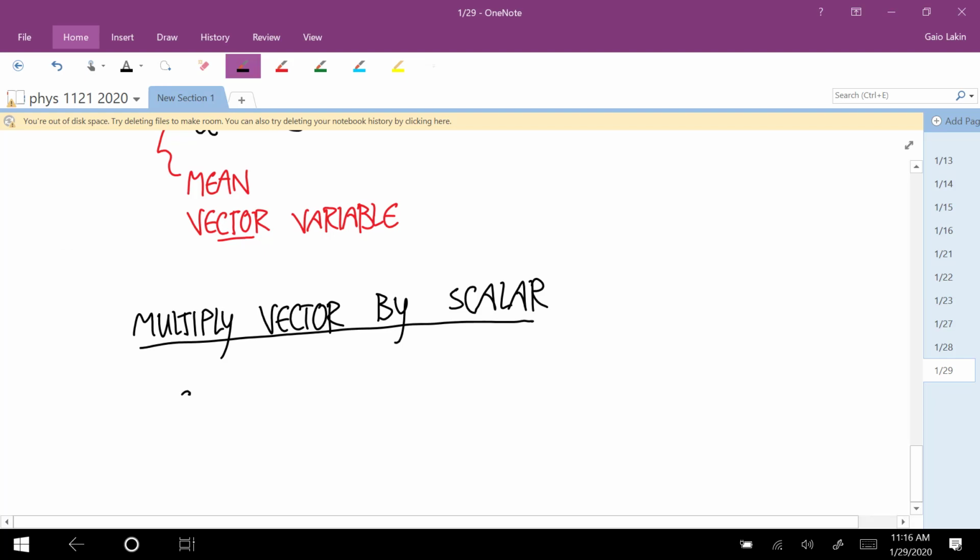So let's say that we have a number C that we're multiplying to a vector with components A, B. What you do is multiply the number to each of these components. So the x component of the product is CA, and the y component of the product is CB.